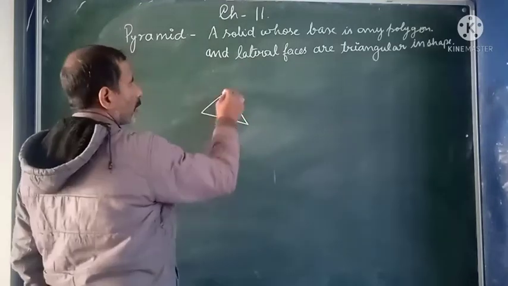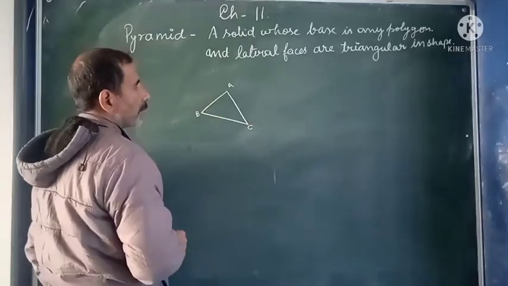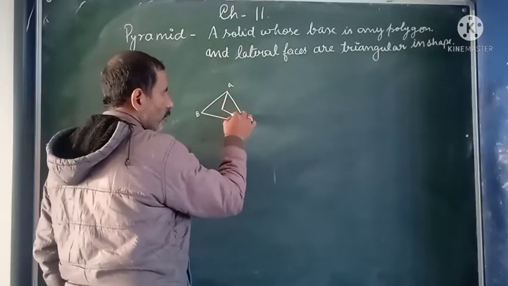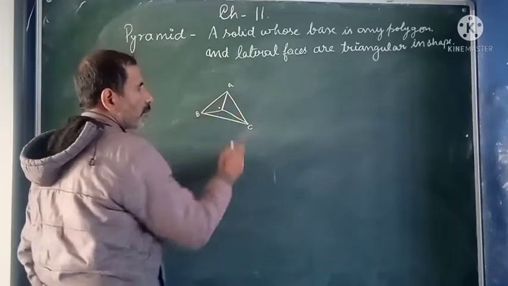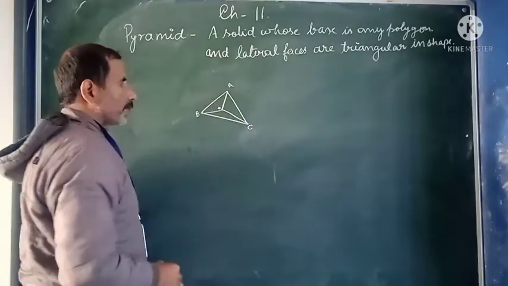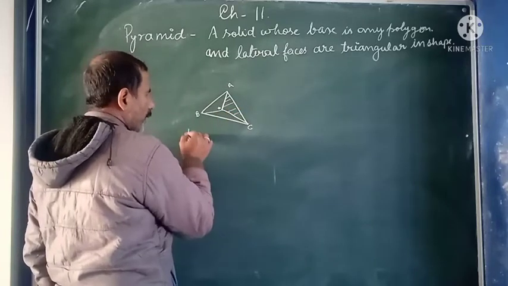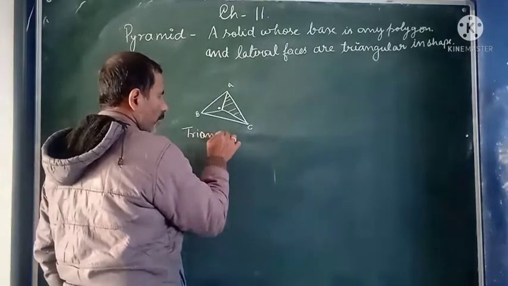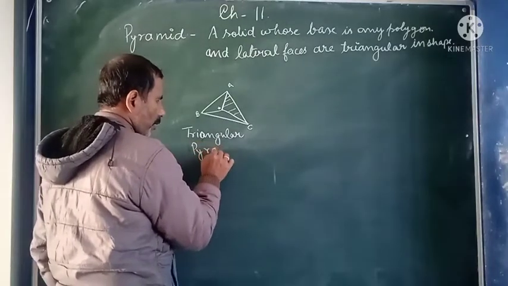This is the base of this pyramid, and then on each side of this triangle we make 3 more triangles which meet each other at a point O. So this is a pyramid and we call it triangular pyramid.